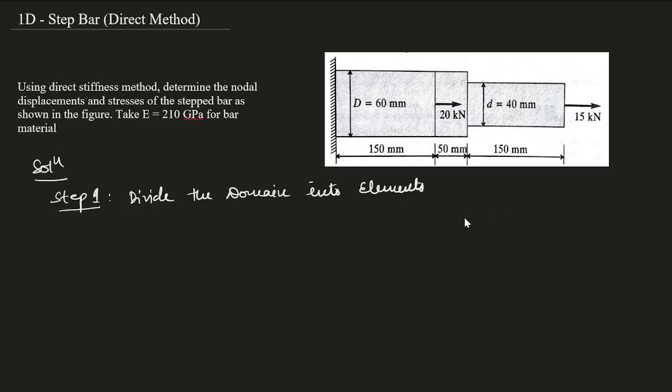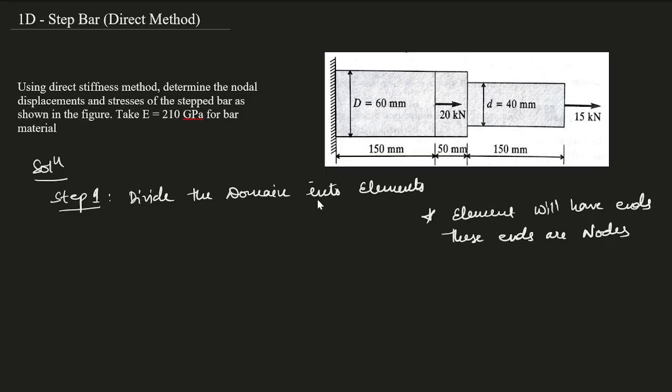An element will have ends, and these ends are called nodes. So now we have to divide the domain into elements.